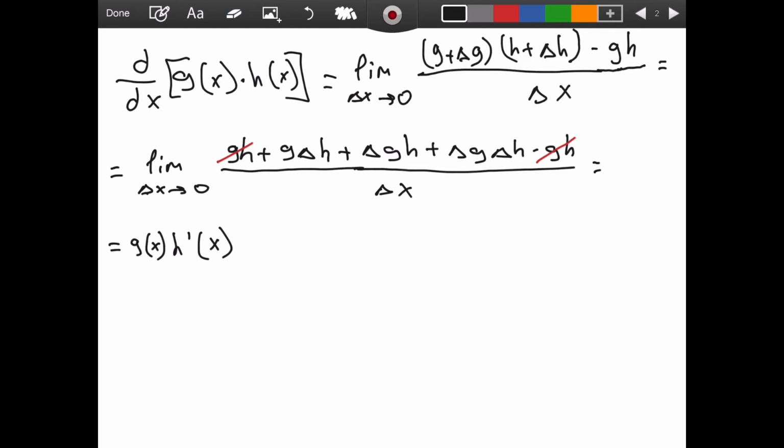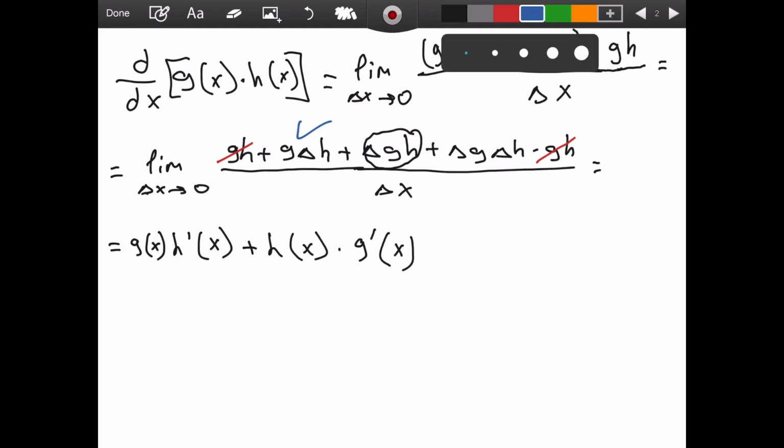Okay, this is what we got from the first term, so this one is checked. Now for the second term, we have h of x times delta g over delta x as delta x approaches 0. Well, this is the definition of the derivative of g of x with respect to x. So we simply get g prime of x. As a result, this part is checked as well.